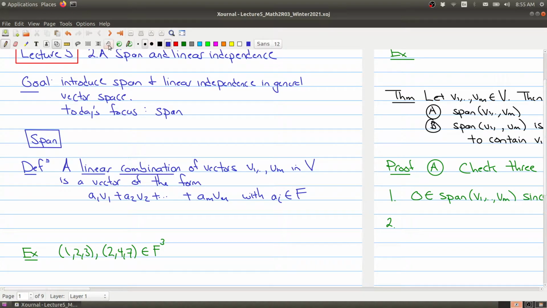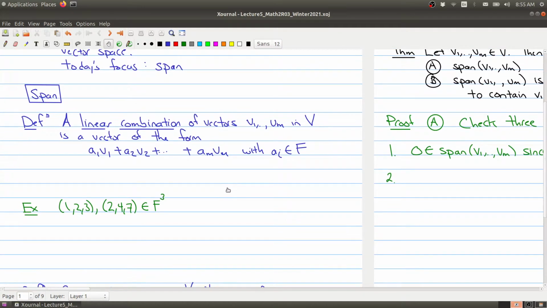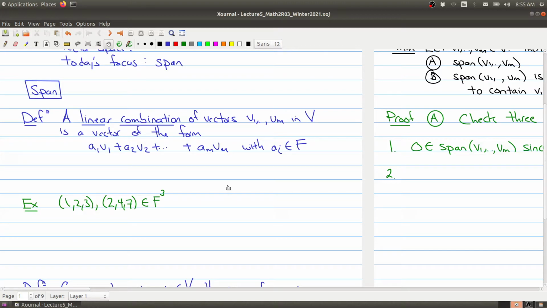As a simple example, here are two vectors in F3, and I'm going to take 2 times the first vector plus minus 1 times the second vector. Let's figure out what this is. 2 times (1, 2, 3) gives me (2, 4, 6).